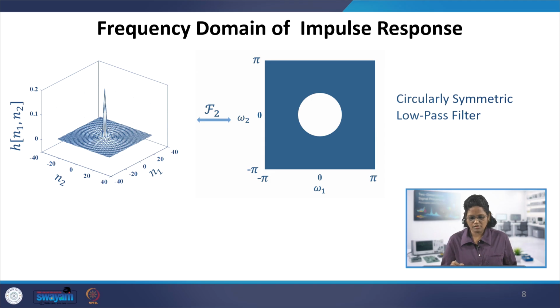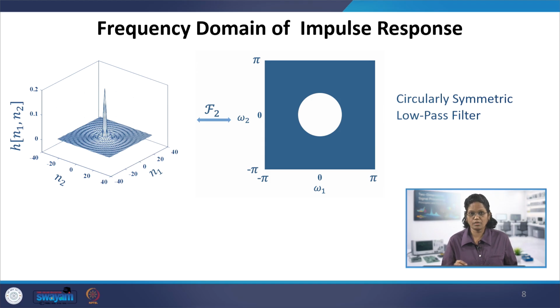This is the visualization of the circularly symmetric impulse response. Taking the 2D DSFT gives the circularly symmetric low pass filter, where this region is the pass band and this is the stop band.